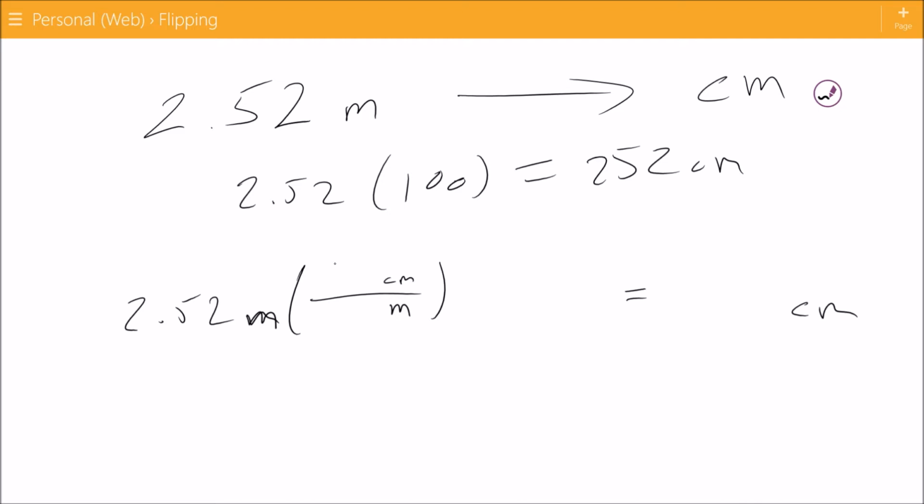Centimeters is what I want, so I want to leave that in the numerator. I know that there are 100 centimeters for every 1 meter. If I were to multiply these out, then the meters would cancel, and I'm left with 2.52 times 100, which is simply 252 centimeters. There we go, that is solved.